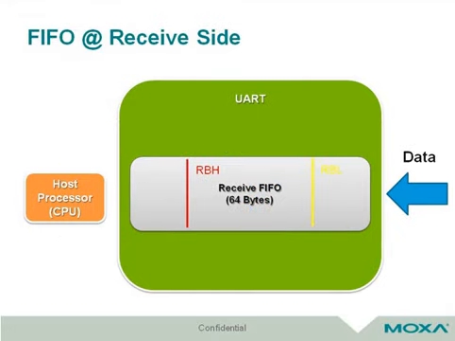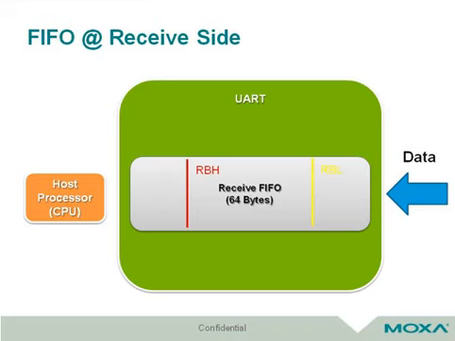There's one thing I would like to deliver. In order to prevent data loss and improve performance, FIFO can use RBH, which is Receive Buffer High Water Level, and RBL, which is Receive Buffer Low Water Level, with flow control to achieve it.